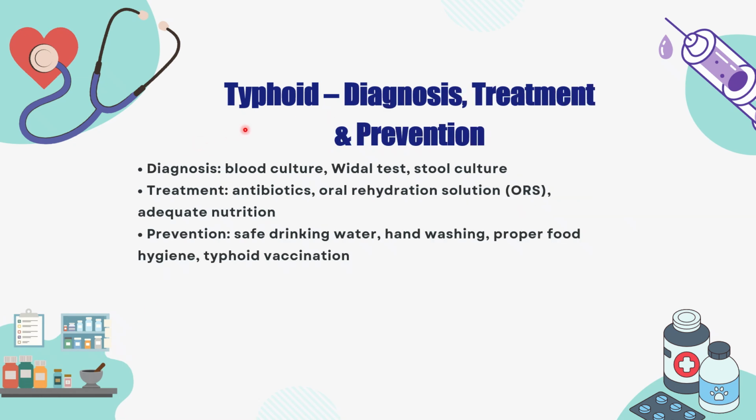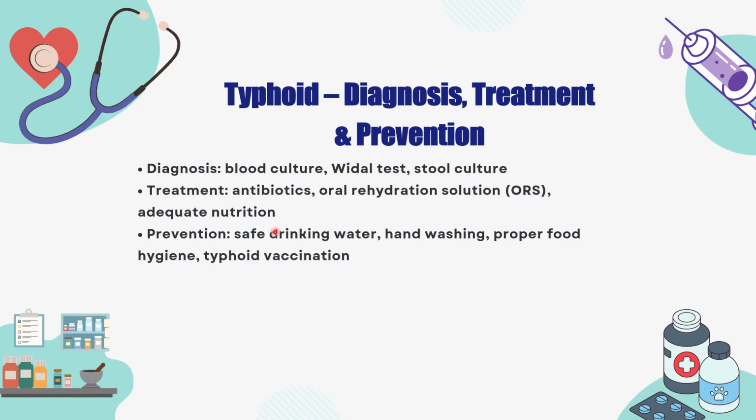Diagnosis of typhoid can be done by blood culture. The blood test for typhoid is called the Widal test. A stool culture can also be done to find the bacteria. The treatment is with antibiotics, and oral dehydration solution is essential if there is severe diarrhea.